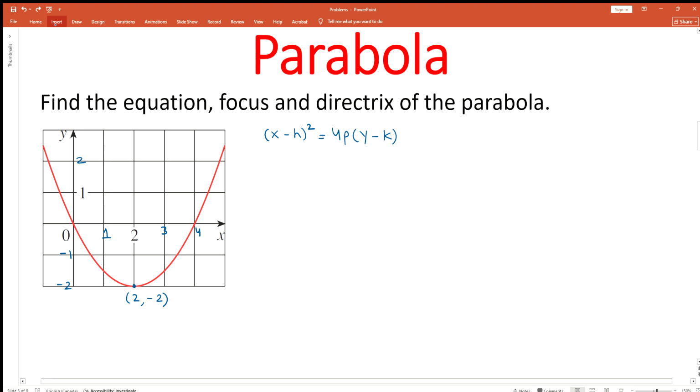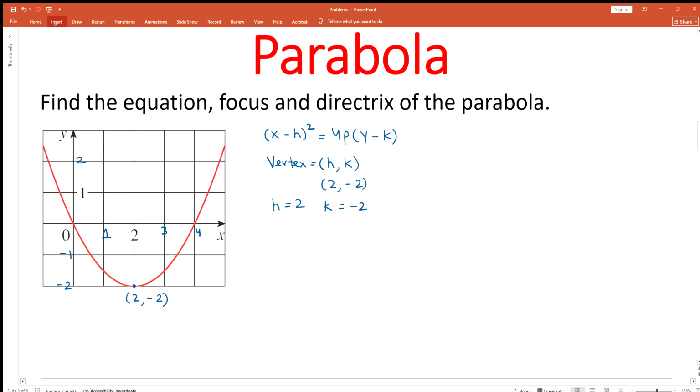As per this general equation, the vertex of the parabola is (h, k). We found that the vertex of this parabola is (2, -2). Therefore, h is equal to 2 and k is equal to -2.